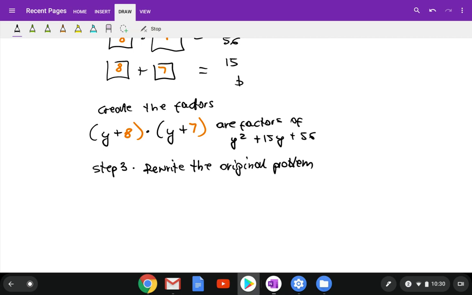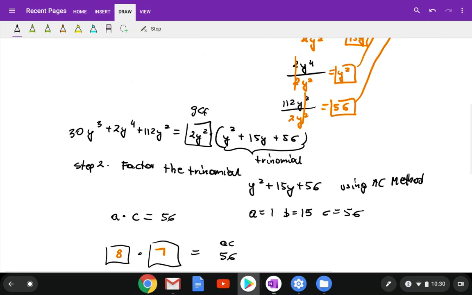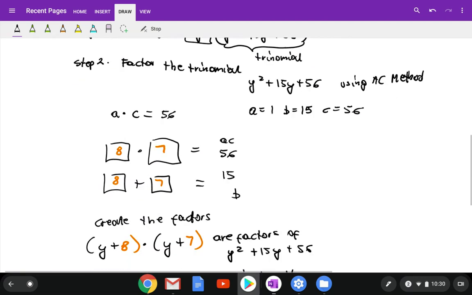Okay, so rewrite that original problem, which was 30y to the third power plus 2y to the fourth power plus 112y squared.